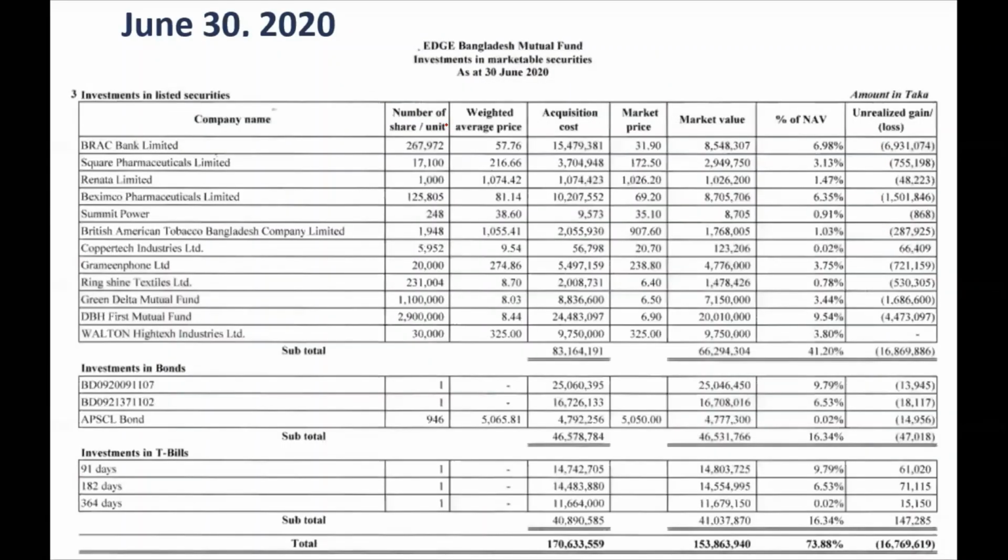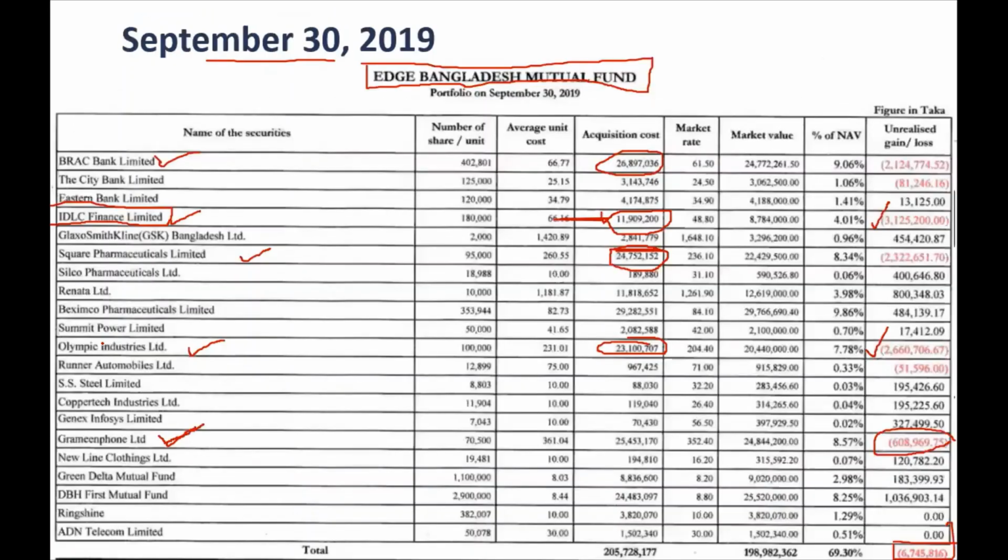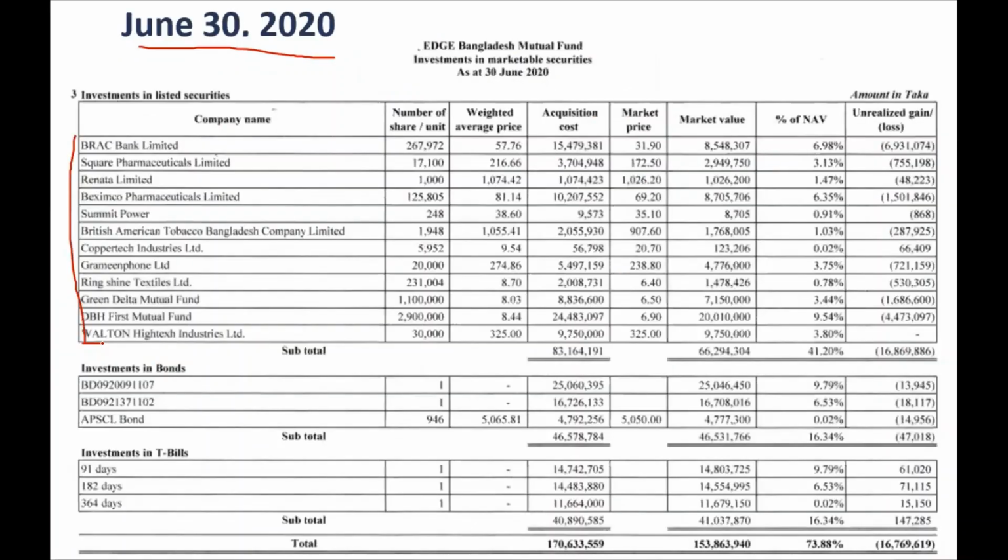Okay. So let's see the update of this Edge Bangladesh Mutual Fund. The update is available on this date, not available to current date. So you see the number of equity instruments has gone down from the earlier year. All these items are not available right now.